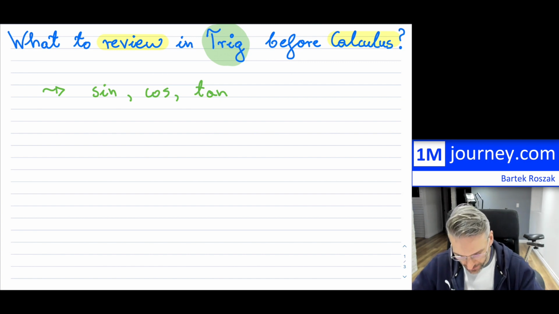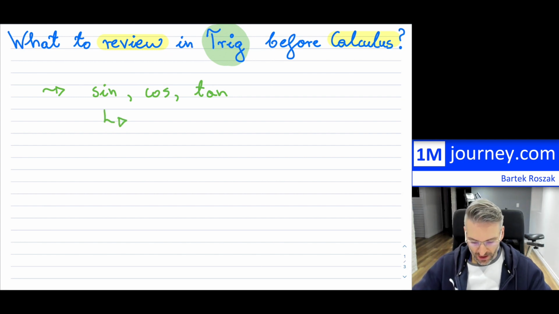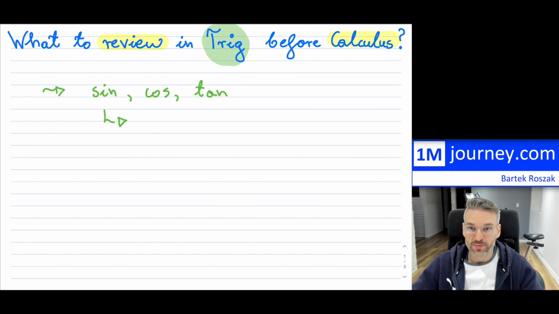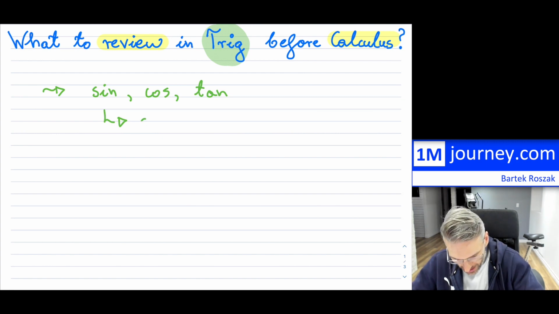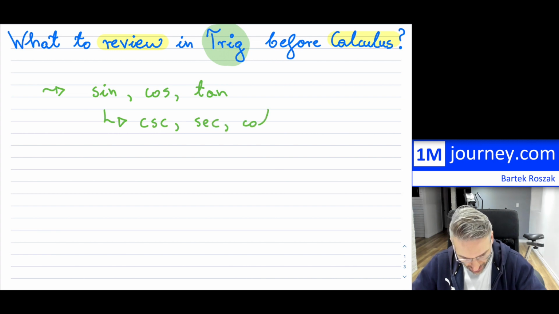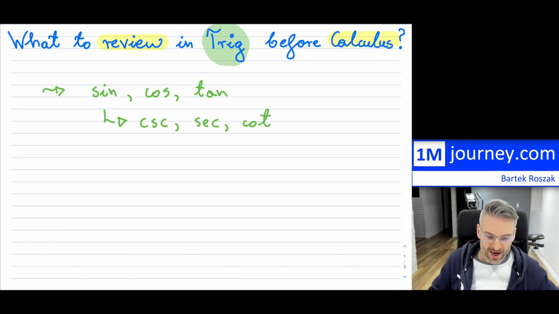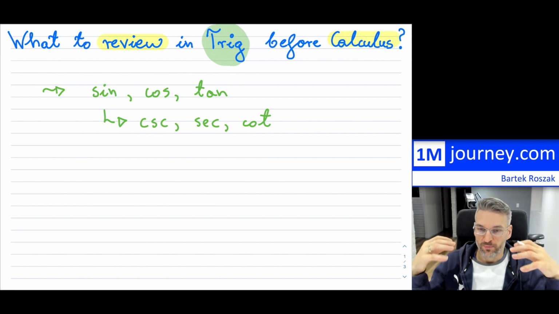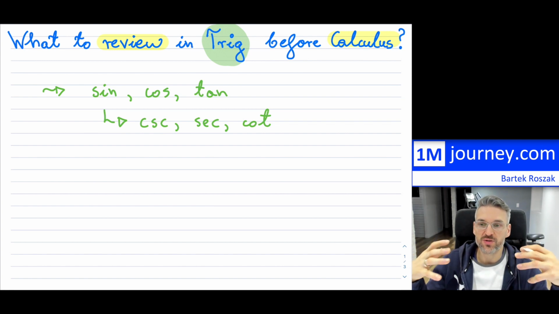Now from these, you're also going to start thinking about the reciprocals of these. So you might have the cosecant, the secant, and then the cotangent. These ones are not as powerful because we don't use them as much, so they don't stick around in our mind.